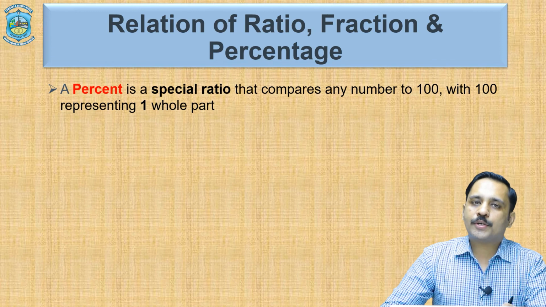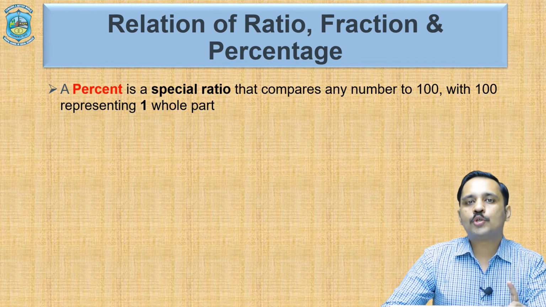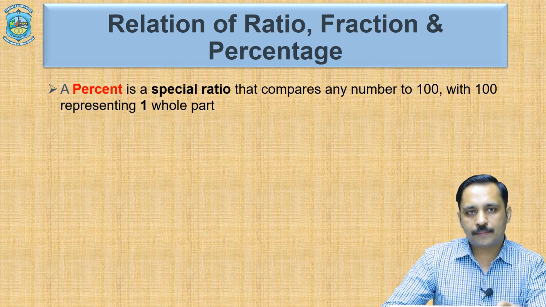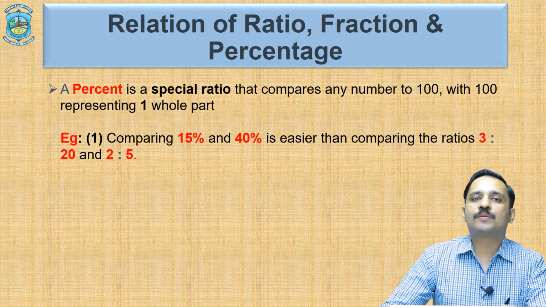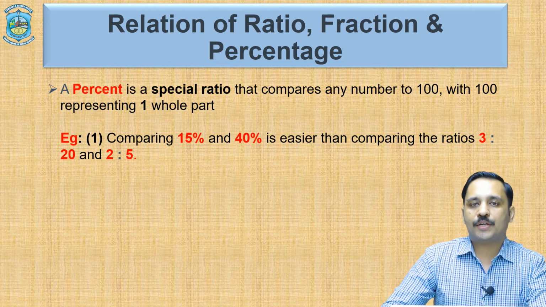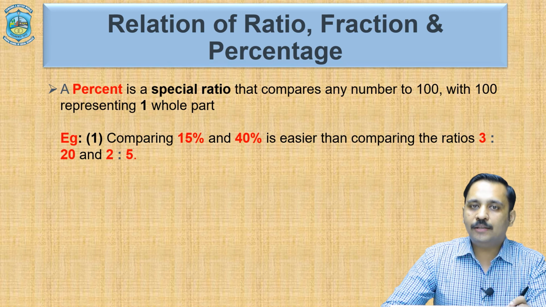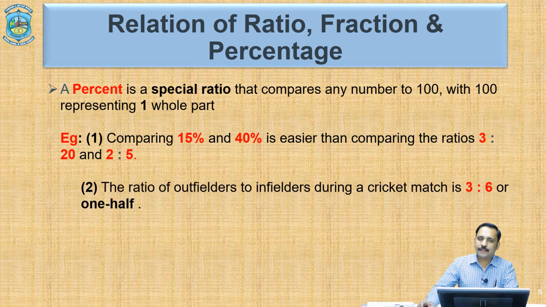Let us look at the relation between ratio, fraction and percentage. A percent is a special ratio that compares any number to 100, where this 100 represents one whole part. For example, comparing 15% and 40% is more easier than comparing ratios 3:20 and 2:5. Take another example.